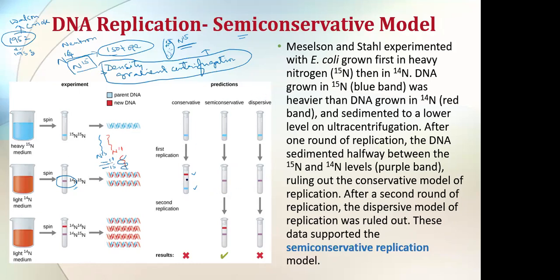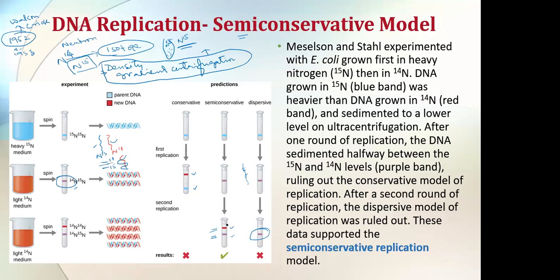Now they looked at the second generation. So we had both red and blue. After the second generation, they noticed that there are two bands. For dispersive, remember, it is portions: a few portions are N15, a few portions are N14, and that should give us only one band.